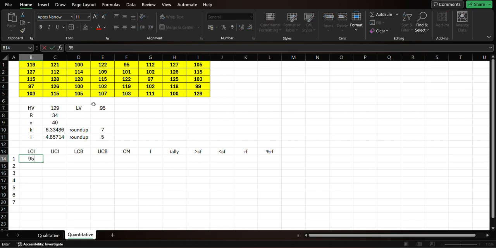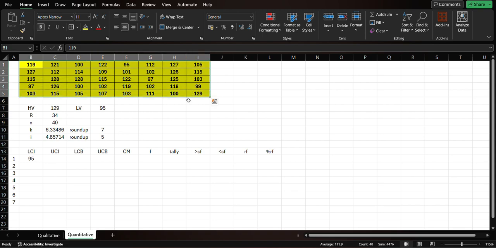But what we want is the value 95. So what are we going to do to copy the 95? Instead of encoding 95, what we're going to do is press the equal sign and select 95. Why? Again, because it would be in an array. So if this would be changed, everything would be changed.